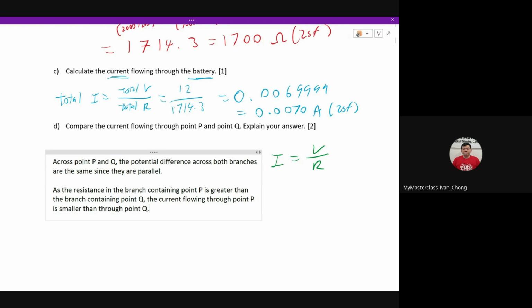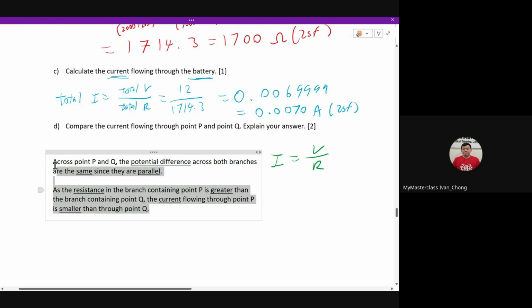So over here, you talk about your potential difference, and you talk about them being the same because you are parallel. And then what happens? Resistance is greater, then your current is smaller.